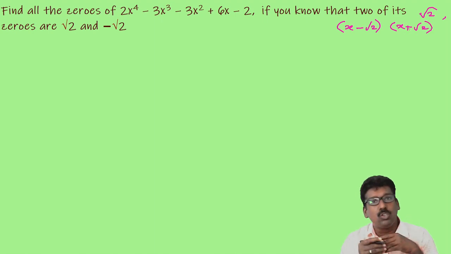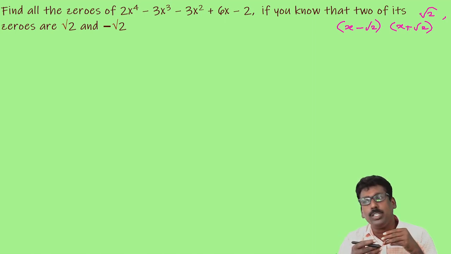Now x minus root 2 is a factor, x plus root 2 is a factor. Then its product will also be a factor. That means x minus root 2 into x plus root 2 will be a factor.